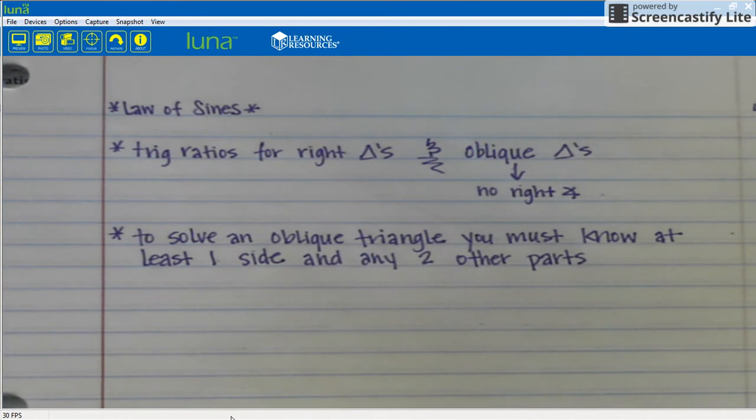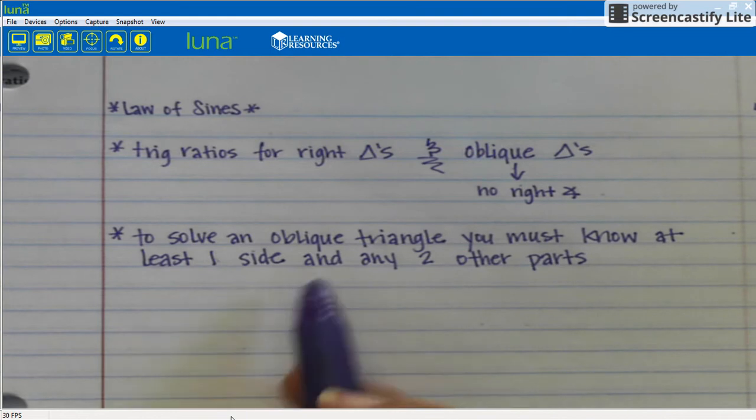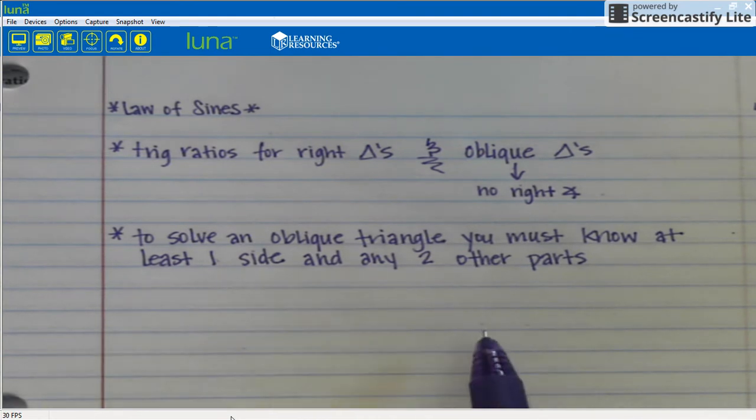So the first two that we're going to look at today, or there's technically three scenarios that we're going to look at today, and the other two we'll look at tomorrow. All three of the ones that we look at today, you're going to be given either two angles and a side or two sides and an angle.